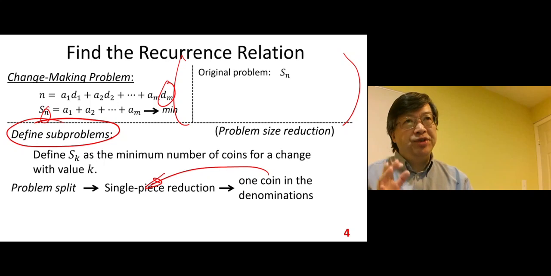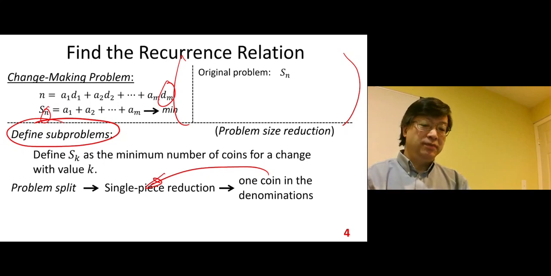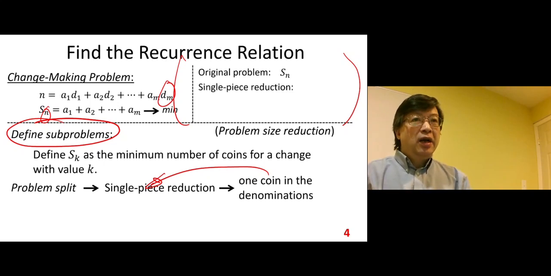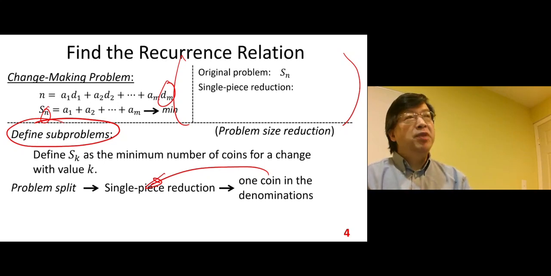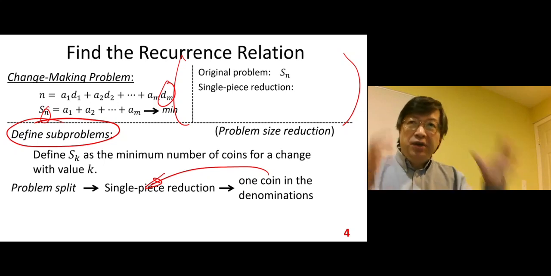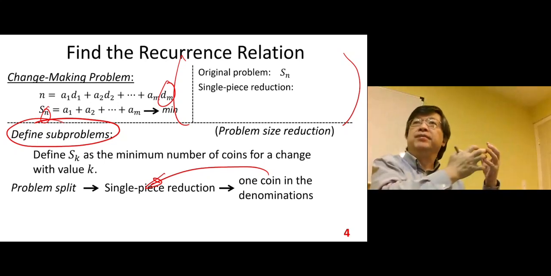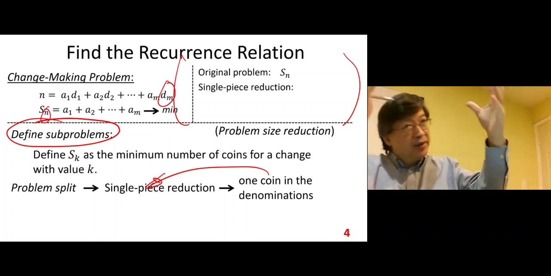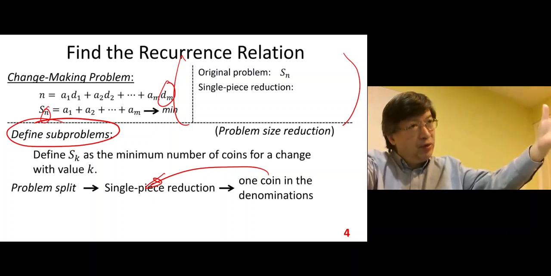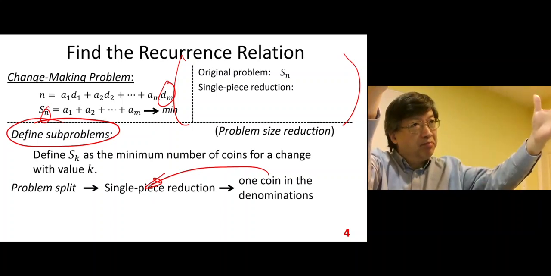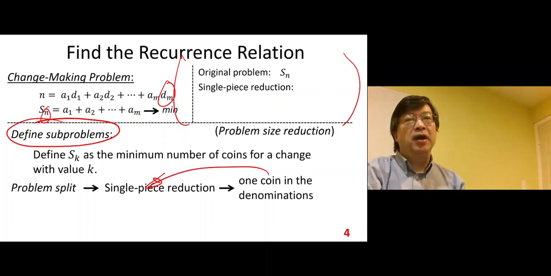Now let's do single piece reduction. How to do a single piece reduction? One piece means one coin. Reduction means you take away one coin. Suppose your goal is n cents.